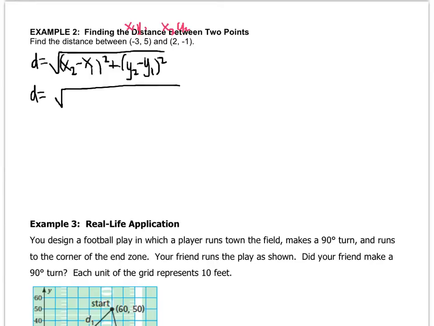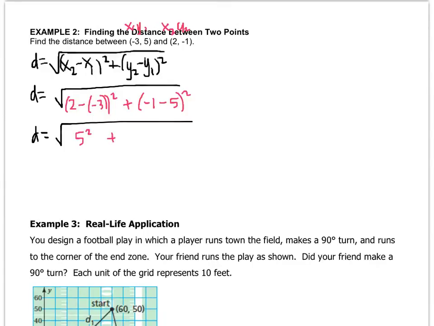x2 is 2 minus -3 squared plus -1 minus 5 squared. Two minus -3 is 5, and -1 minus 5 is -6.